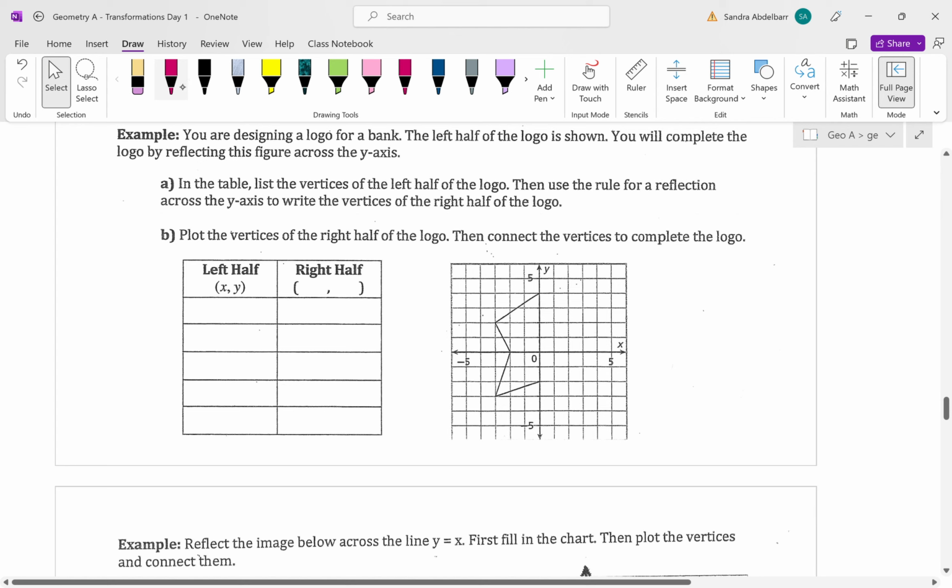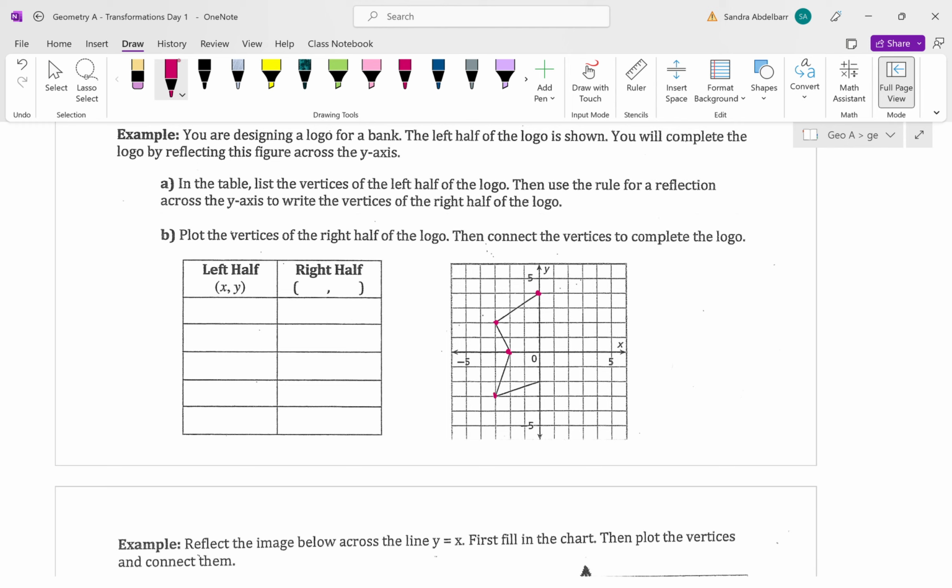So I'm going to write out the vertices, but really, if I'm just reflecting this over the y-axis, aren't I just creating a mirror image on the other side? So this top point, this 0, 5, isn't it going to stay 0, 5 since it's right on the y-axis?